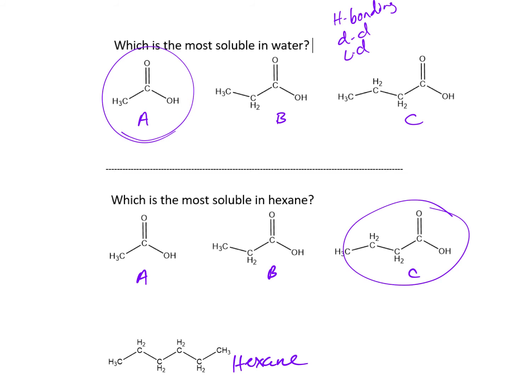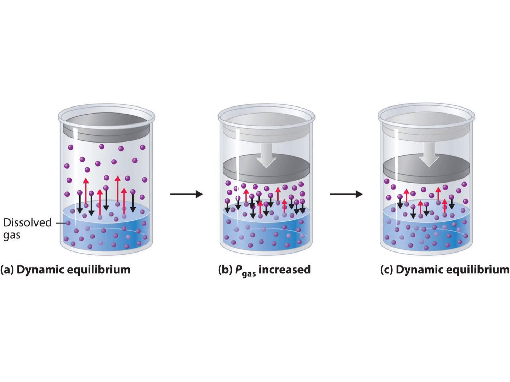Everyone okay with that? Okay. I think there should be some amount of practice on that type of thing in your homework. So take a look at that. Let me know if you have questions on that.